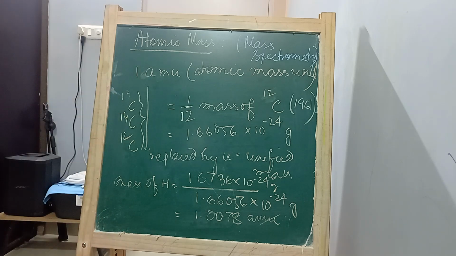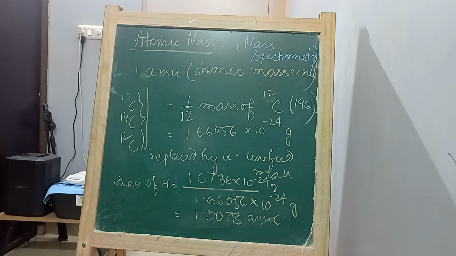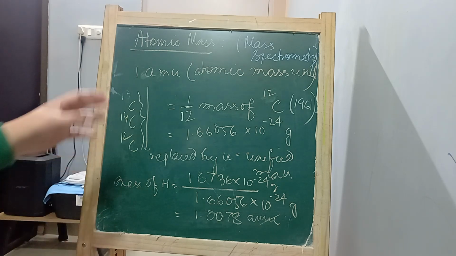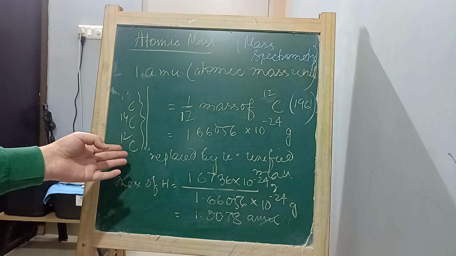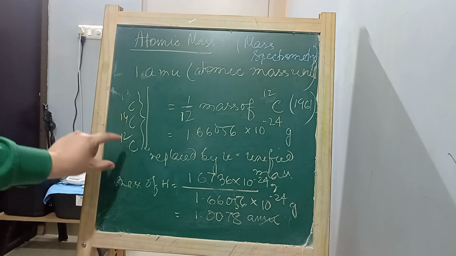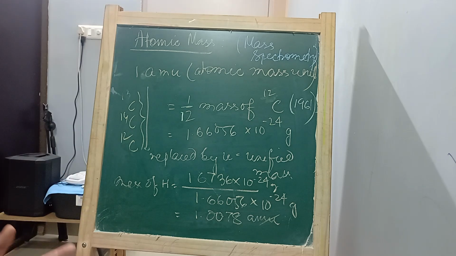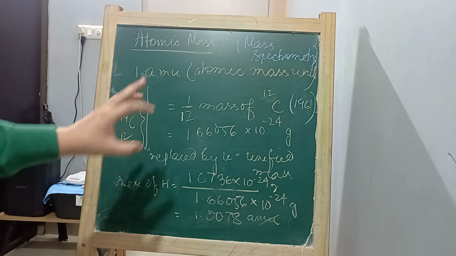Carbon has three isotopes that naturally exist in nature: carbon-12, carbon-13, and carbon-14, although the percentages differ. Carbon-12 has an abundance of 98% out of these three. So we have taken carbon-12, which is one of the isotopes of carbon.